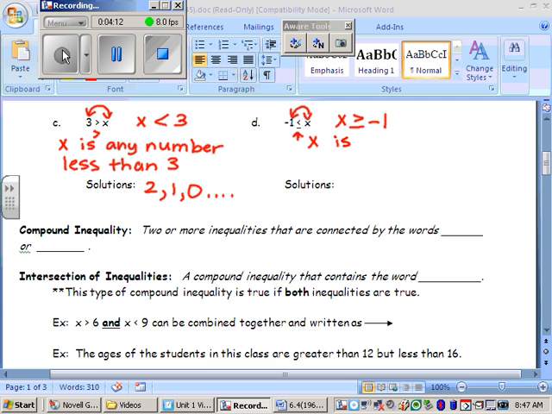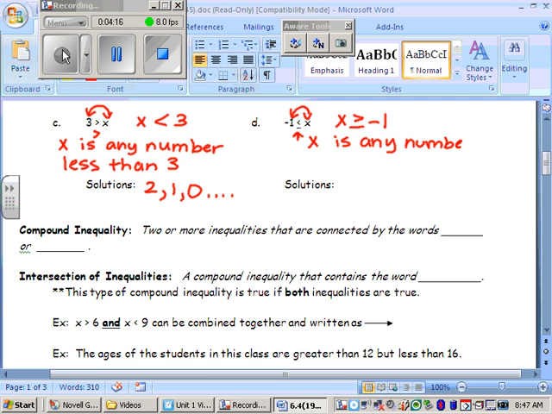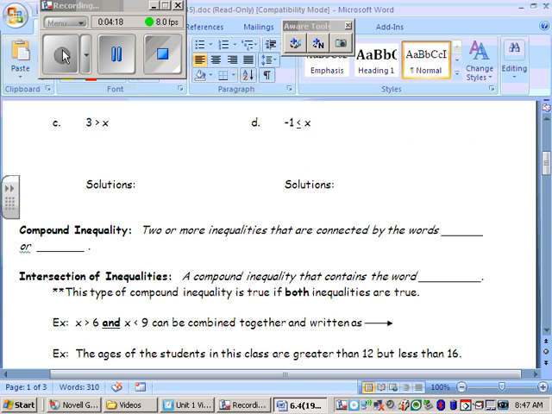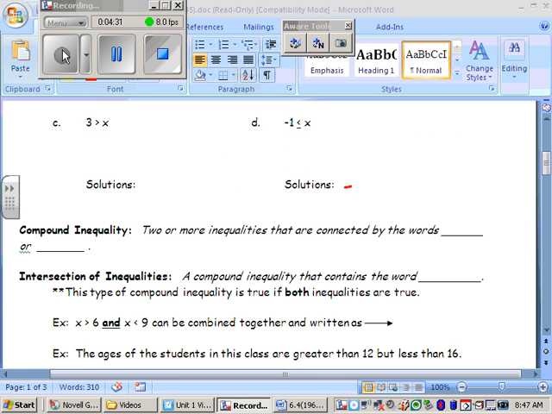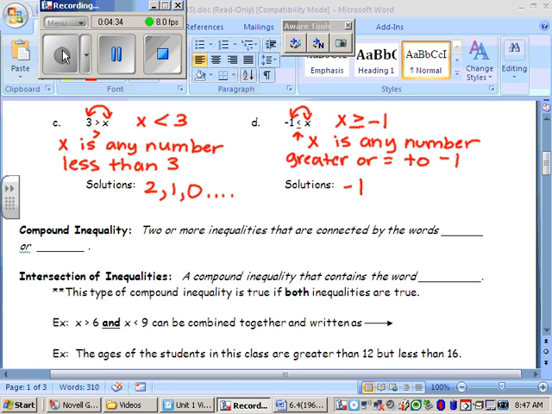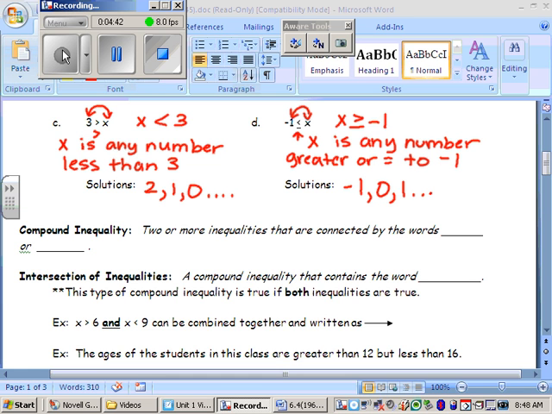So x is any number greater than or equal to -1. So think about any number that is greater than -1 or equal to -1. So obviously -1 is a possible solution, as well as any number greater than -1, which would include 0, 1, or any number greater than that.